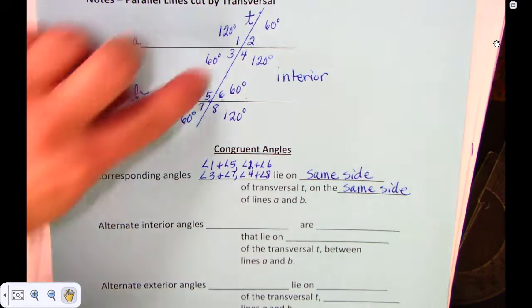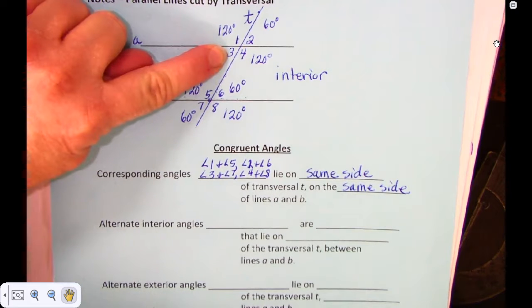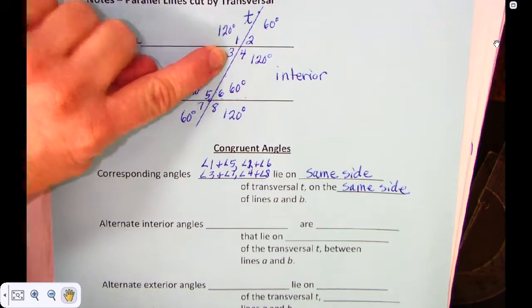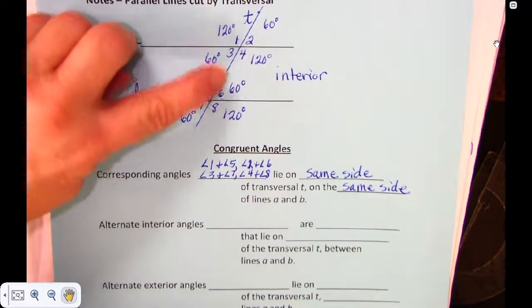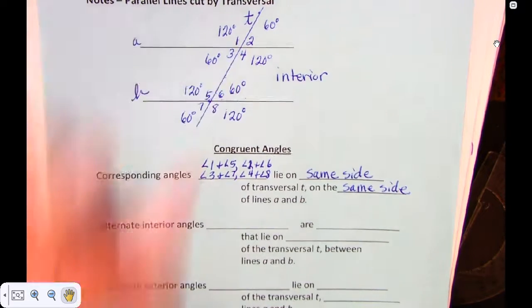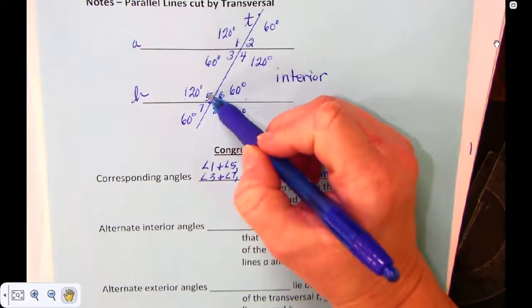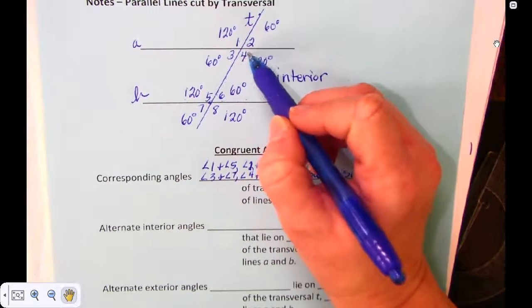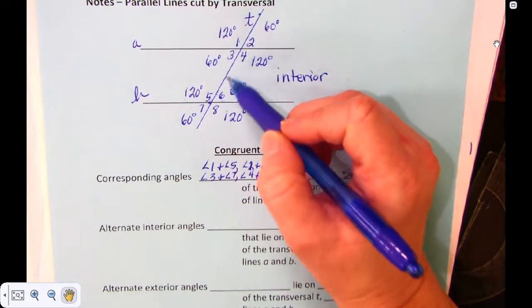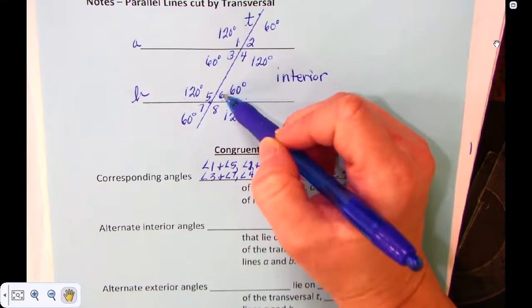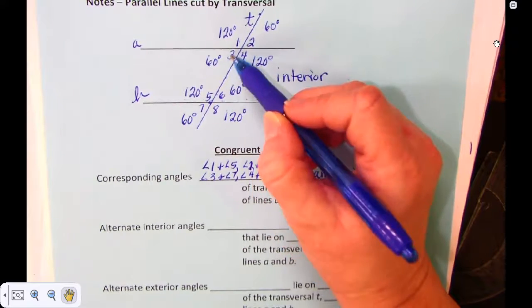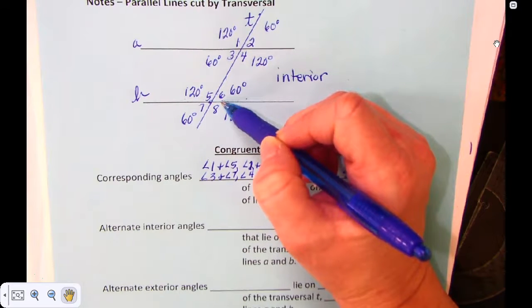So, what is going to be the alternate interior angle for 3? What's going to be the alternate for 3? Guys, it has to be 4, 5, or 6. It can't be 5 or 4 because they're not going to be 60 degrees. 3 and 6 are alternate angles. They're on the opposite side of the transversal.